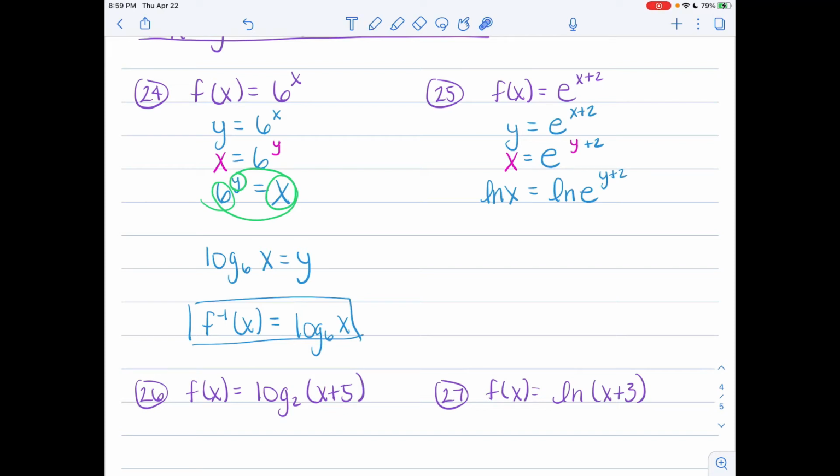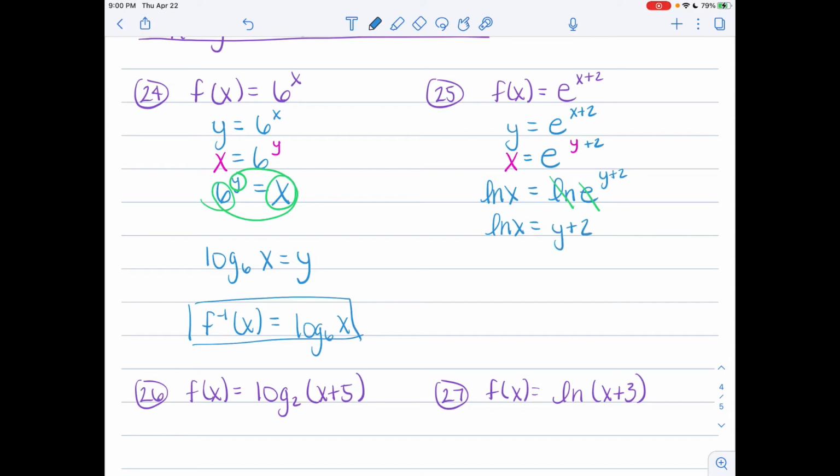Now the whole reason we did this, remember our properties from before, a natural log and an e will cancel each other out because they are opposites, they are inverses of each other. So this is going to allow me to rewrite as natural log of x is equal to y plus 2.